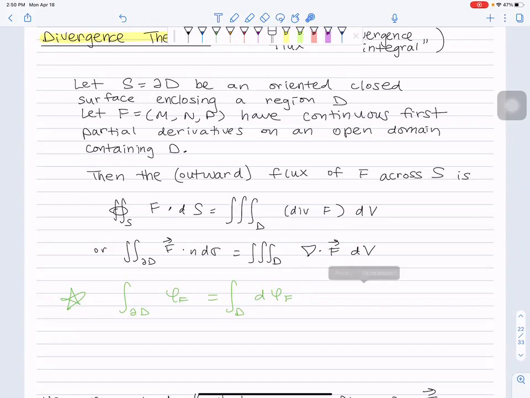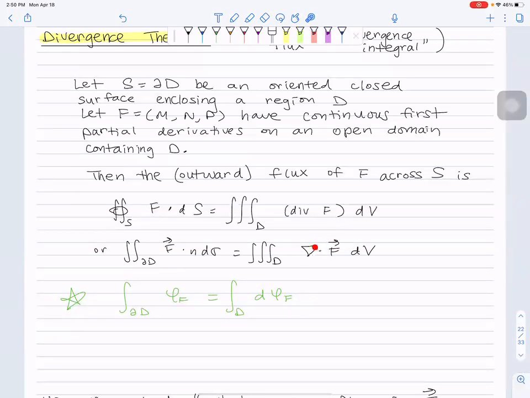In the one-form language, we have this thing in the green, where this is the two-form. Remember that the derivative of a two-form is associated with the divergence. That's why we have the divergence as our integrand.